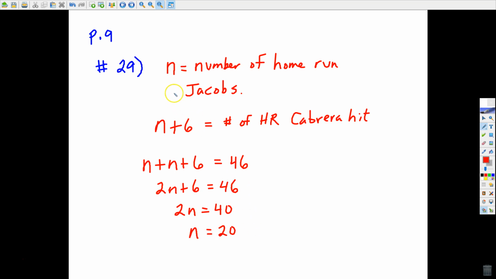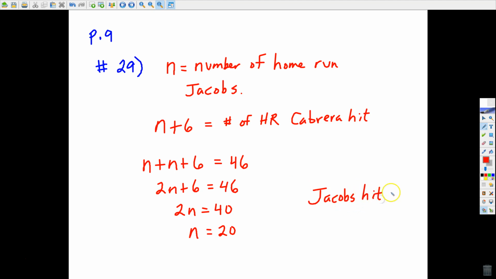So let's go back to the definition of our variable. N stands for the number of home runs Jacobs hit. I always like for you to write the answer to a word problem using sentences if necessary. Something like this would be okay.